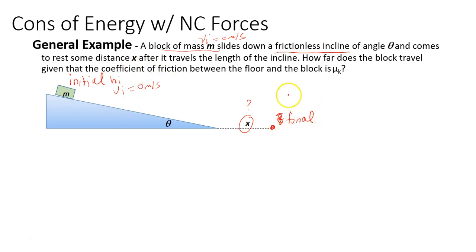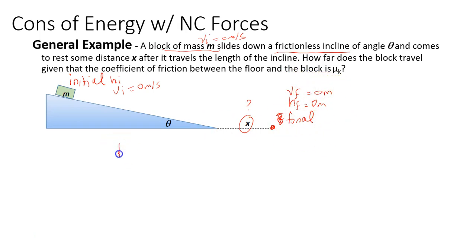Our final conditions is that the height h_f is in fact 0. Our velocity is in fact 0. But what we can say is that there is some distance due to work by friction. So let me show you how I'm going to write this out.